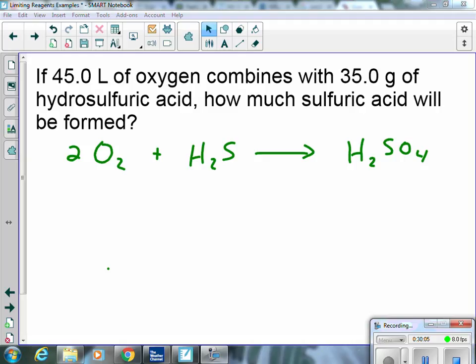Okay, the final product, what Garrett was getting at, he was going step by step. But the process you're doing first is you're going from liters of oxygen to grams of H2S, hydrosulfuric acid. That is your first step.